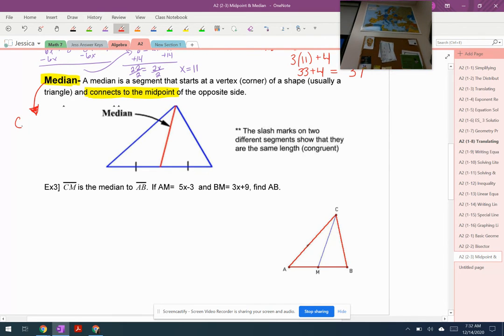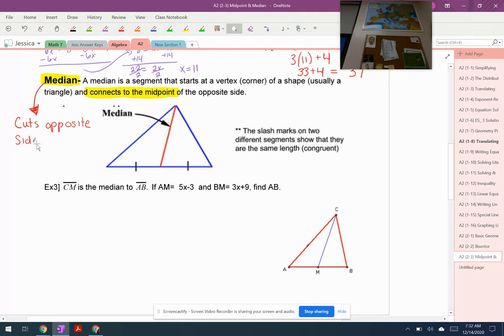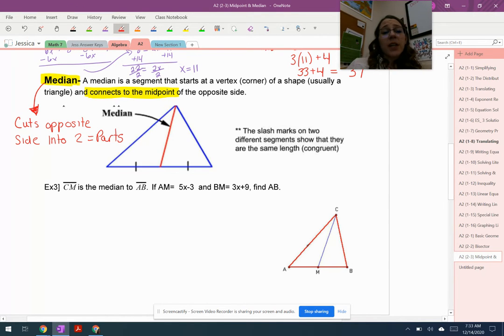So we're going to simplify this to say it cuts the opposite side into two equal parts. And that's what we can see is going on here by these little hash marks.